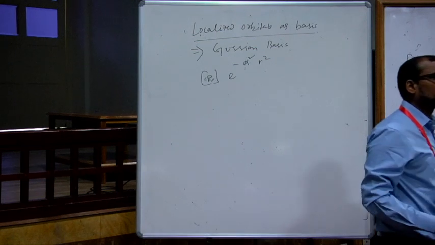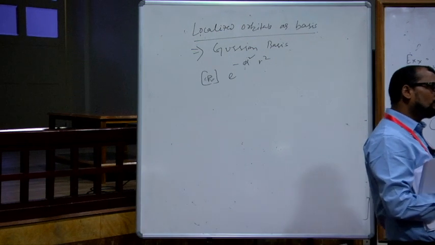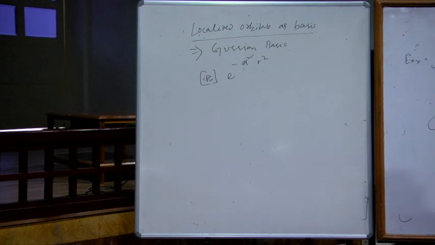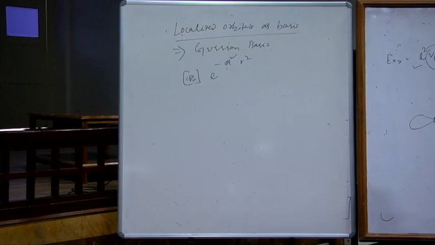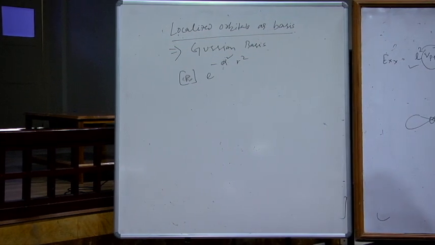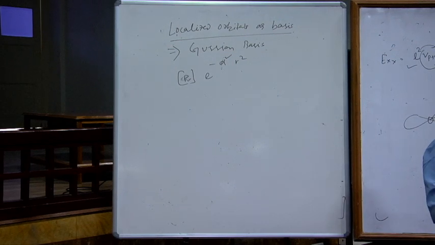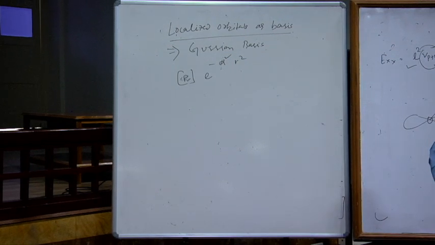Okay. Why Gaussian orbitals? They're easy to integrate. Analytical solutions are possible. If you make a product of two Gaussian orbitals, that will give a third Gaussian orbital, right? If you differentiate a Gaussian orbital, it will give a polynomial multiplied with a Gaussian orbital.